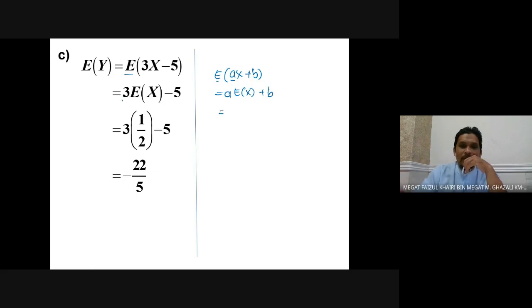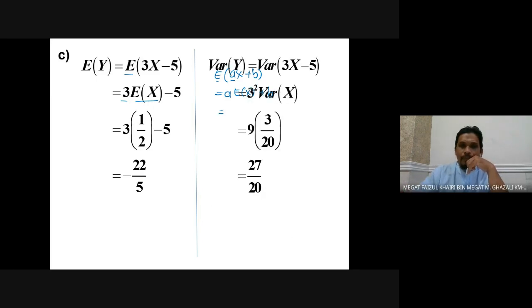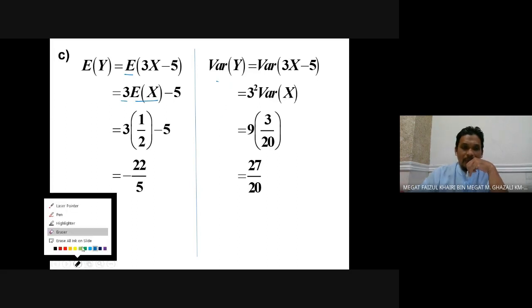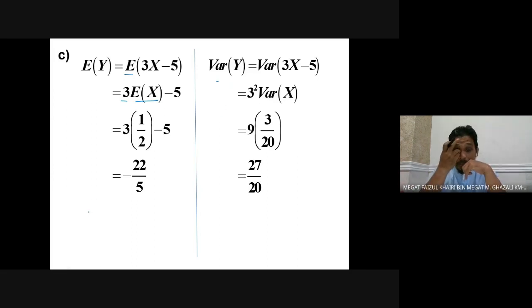Okay, so then 3 times expected of x minus 5, expected of x is 1 over 2, then you get negative 24 over 5. Okay, so then variance equal to 27 over 20.